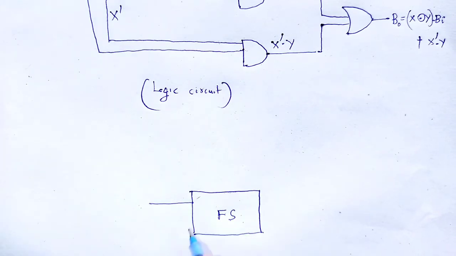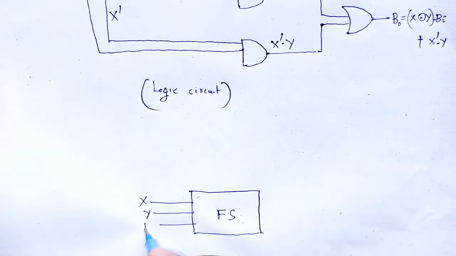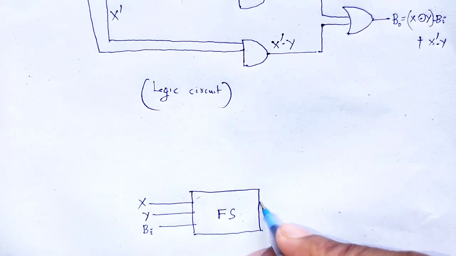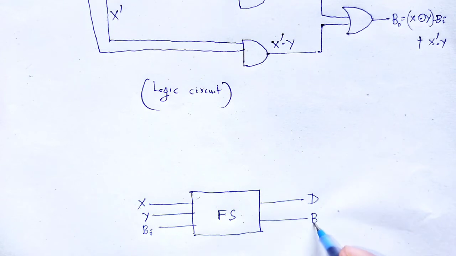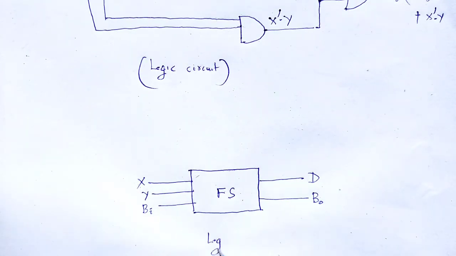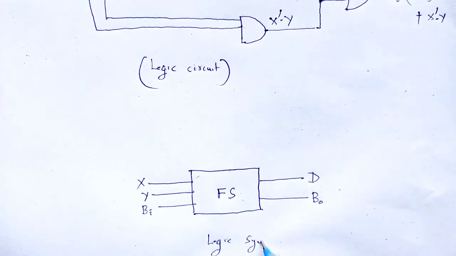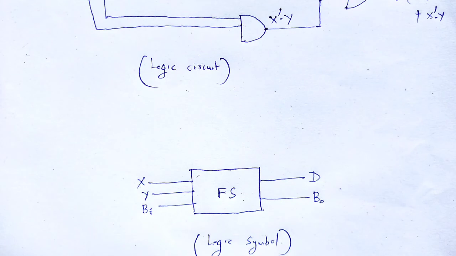It has three inputs: x, y, and borrow input bi. It has two outputs, one is the difference, another is the borrow output. That is the logic symbol for full subtractor. So the disadvantage we obtain from half subtractor can be fulfilled by that full subtractor.